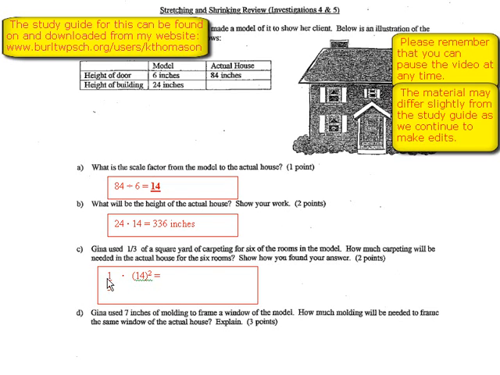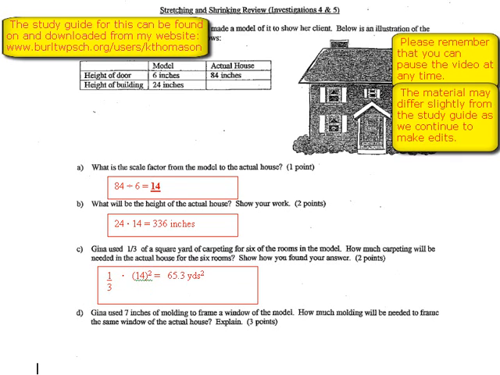So we take the original, we multiply it by the scale factor squared, because carpeting is area, and then we're going to get our answer. The scale factor, we already found that out, so it's just 14, and then we're going to square that.